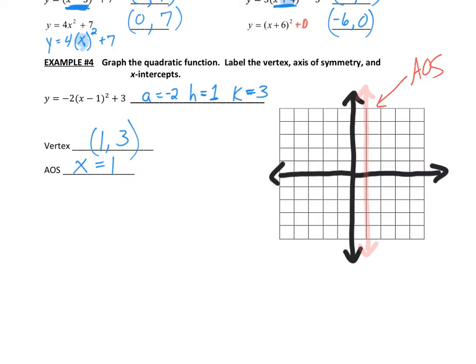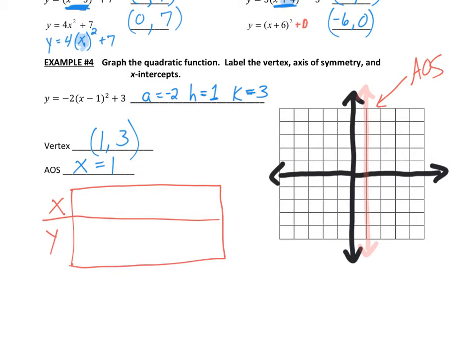When you make your table, the vertex goes in the middle, at x equals 1, and we already know the y value is 3.